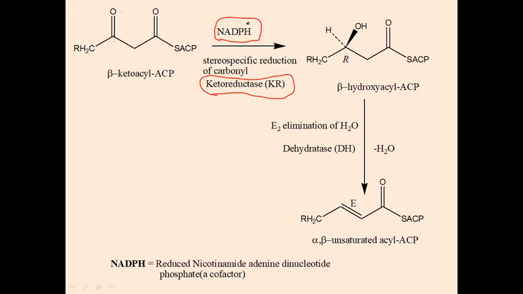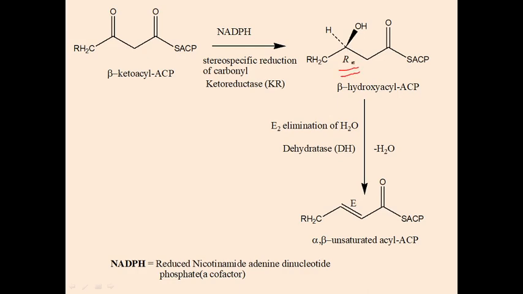Its full form is reduced nicotinamide adenine dinucleotide phosphate. Most general enzymes in our body or plants give stereospecific reactions, and here also stereospecific reduction of the carbonyl group occurs, and the configuration formed is R configuration.